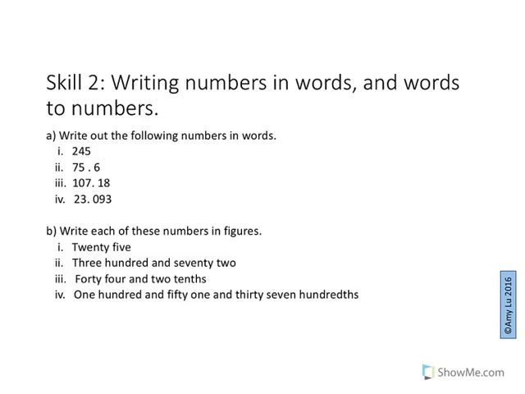Now, we're going to talk about how we write out numbers in words and words to numbers. So, if we look at the first two, 245, 75.6, the way we say these in words is actually for letter I. We actually say it as 245.